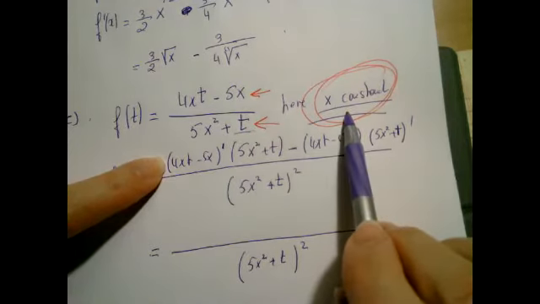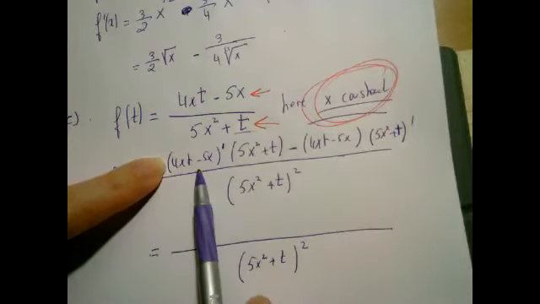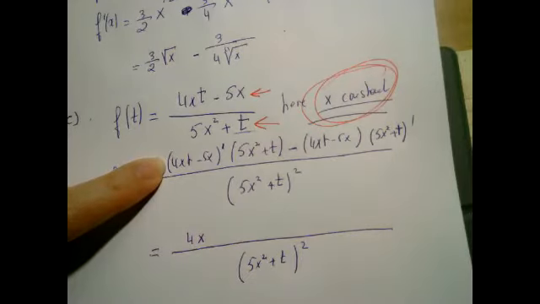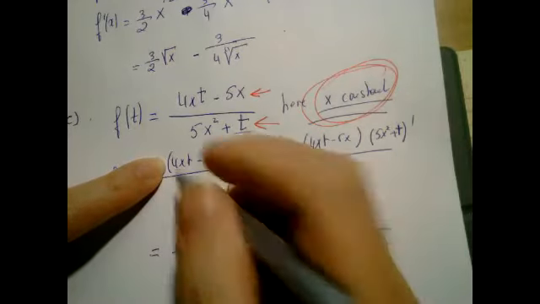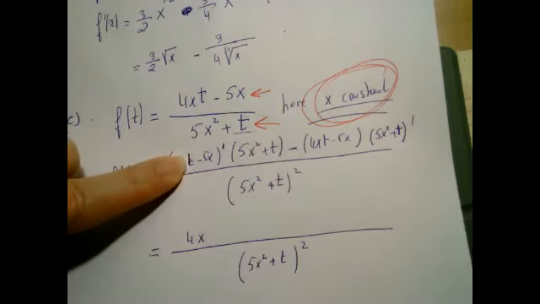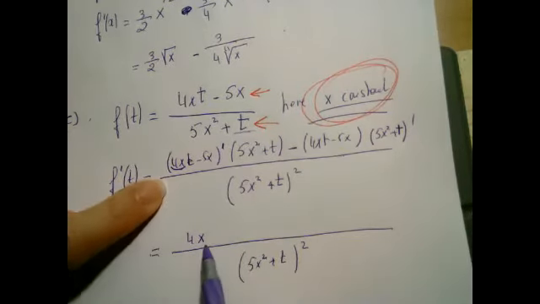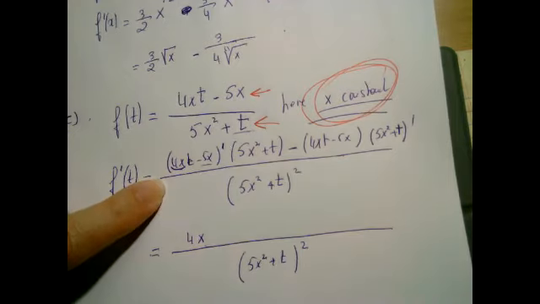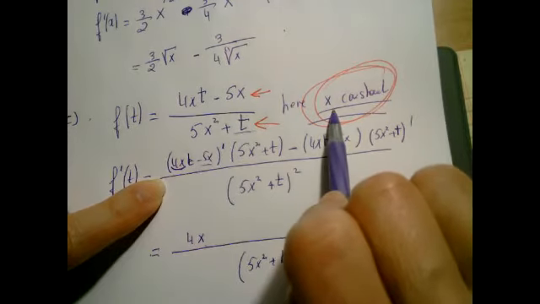X is my constant, so the derivative of 4xt is 4x, because t is my variable and 4x is a constant. If I tell you find the derivative of 4t, it's 4; for 8t it's 8. Minus the derivative of 5x: 0, because x is a constant.